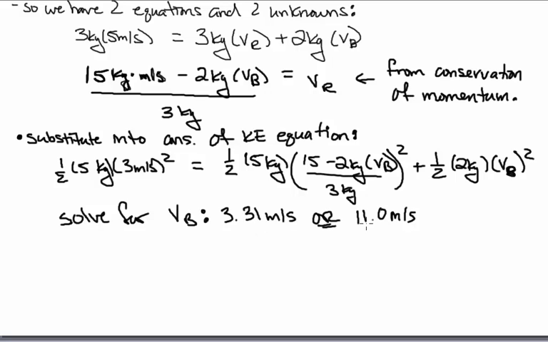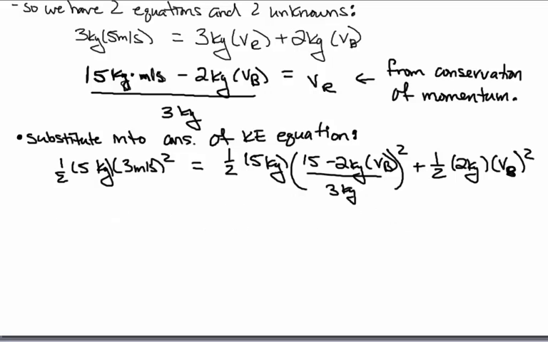You'll see this very often in these collision problems because we're solving quadratics, and quadratics have two roots. One of them is physically reasonable, and the other one's not. Both of these possibilities say that the blue ball would move to the right, which makes sense to us.